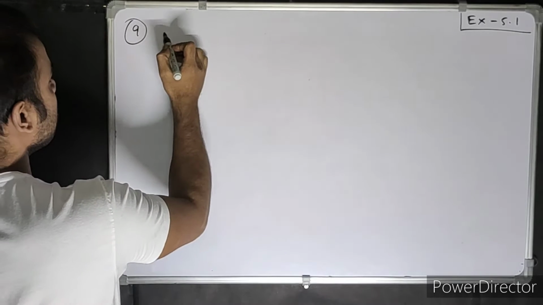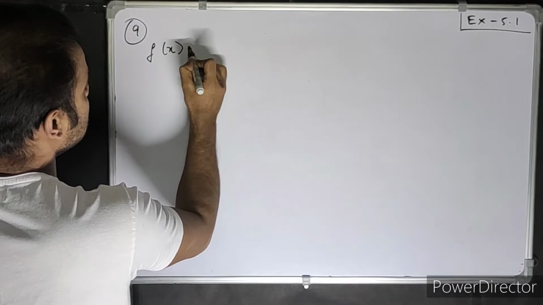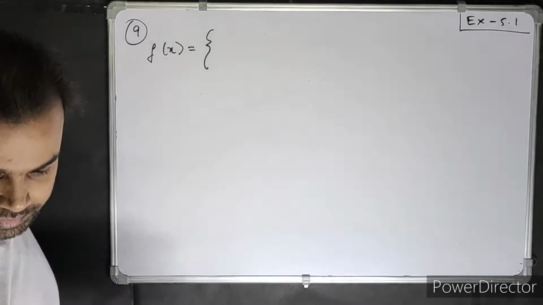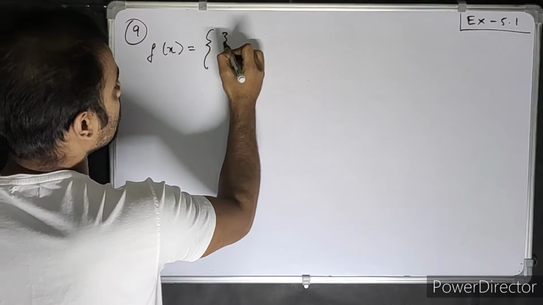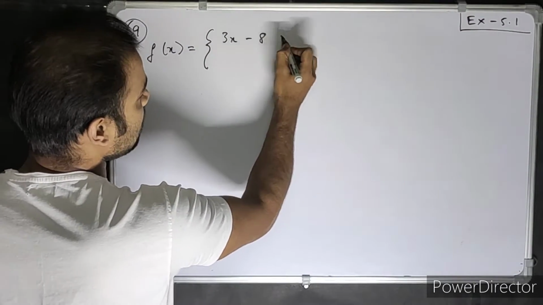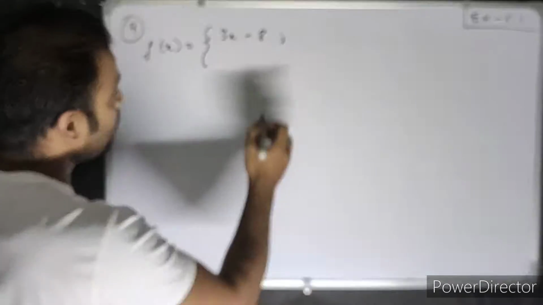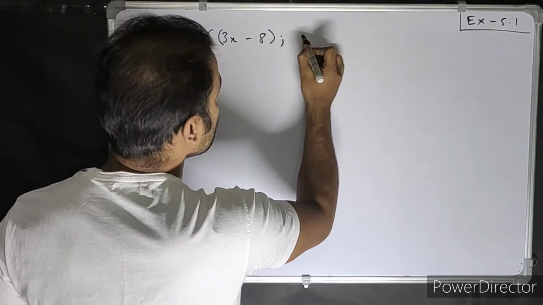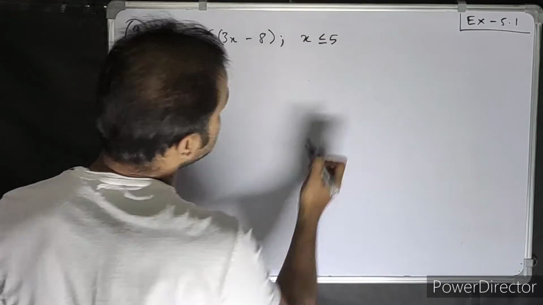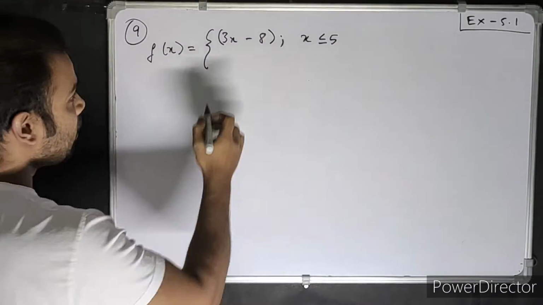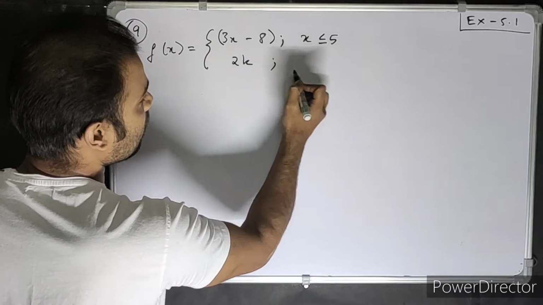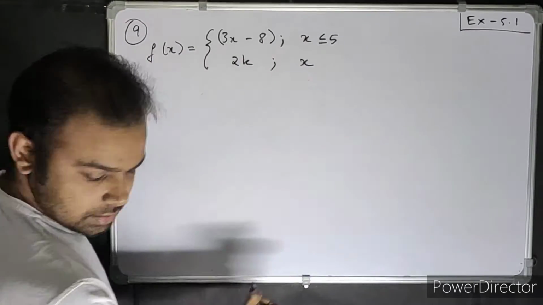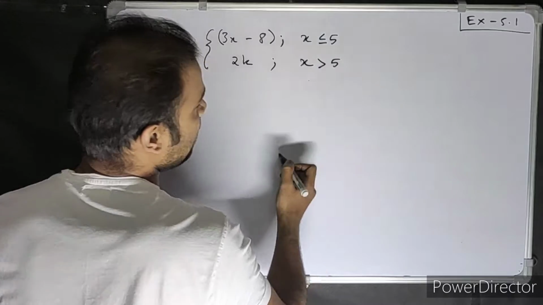It says f of x is given to you as 3x minus 8, put it in bracket, 3x minus 8 when x is less than or equal to 5, and 2k when x is greater than 5.